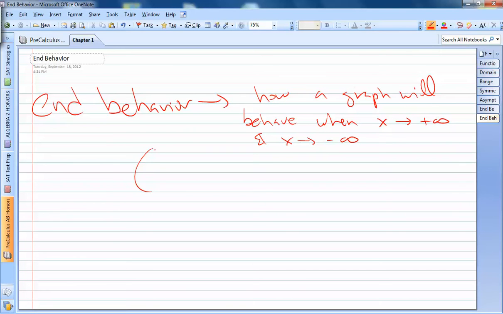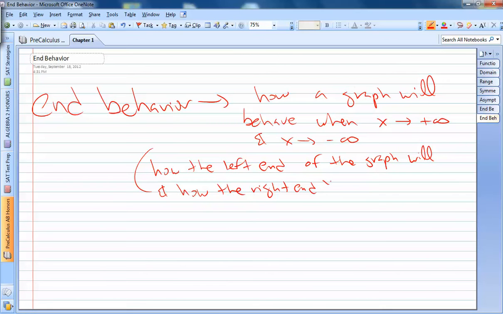Or, in other words, how the left end of the graph will look and how the right end of the graph will look.